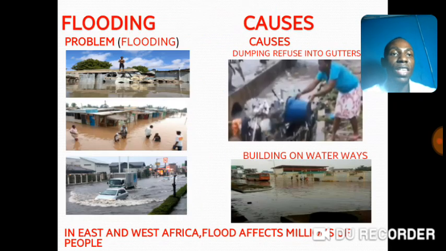Another problem here is flooding. Let's observe the pictures very well, on our immediate left. Good.